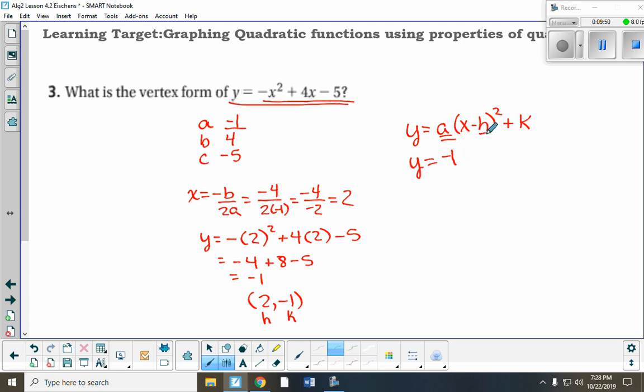You substitute in the a, the h, and the k, so it would be -1 times the quantity x minus h squared plus k, which is a -1. And that is your equation. That is the same graph, but it's just written in different form. So this is standard form, this is vertex form.